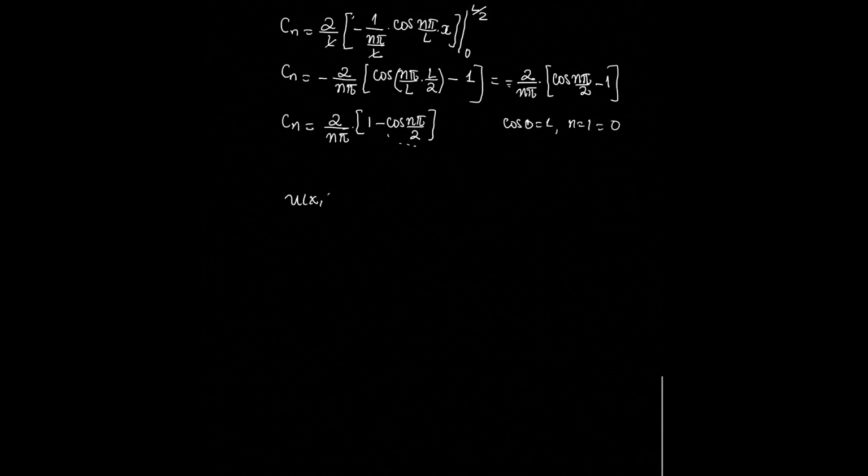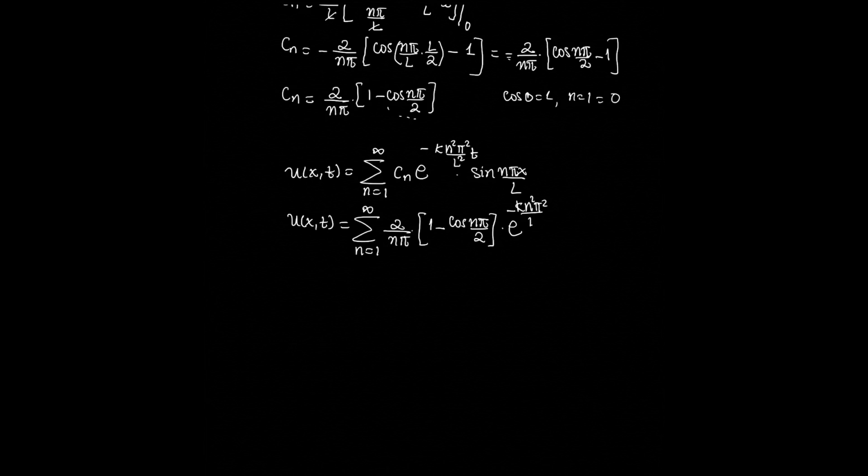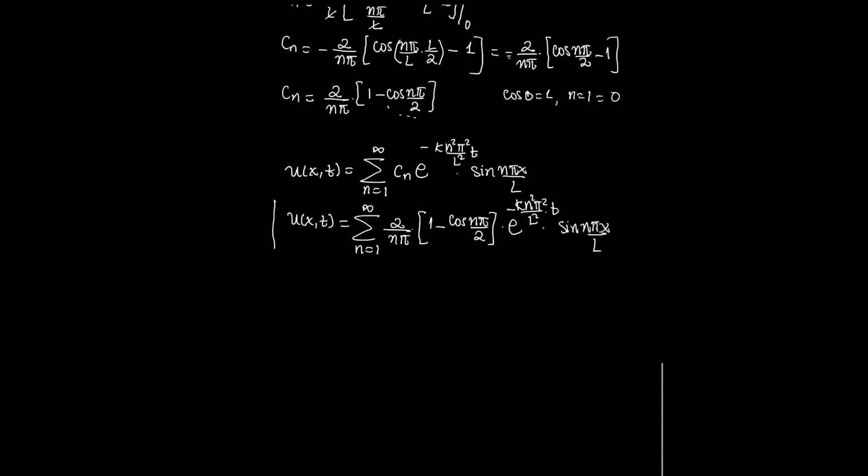The equation we had was u(x,t) equal to the summation from n equal to 1 to infinity of Cn e to the minus k n squared pi squared over L squared t times sine of n pi x over L. So I just have to sub the Cn we got, then u(x,t) is the summation from n equal to 1 to infinity of 2 over n pi times 1 minus cos n pi over 2 times e to the minus k n squared pi squared over L squared times t, then times sine n pi x over L. So this is your solution to the equation that we had.